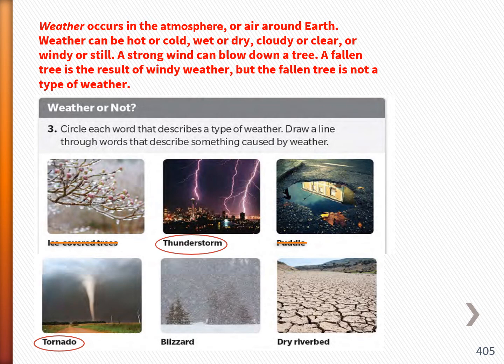Blizzard. Very good. Again, we draw a circle because it describes a type of weather. Dry riverbed. Excellent. We draw a line because it is something caused by weather.